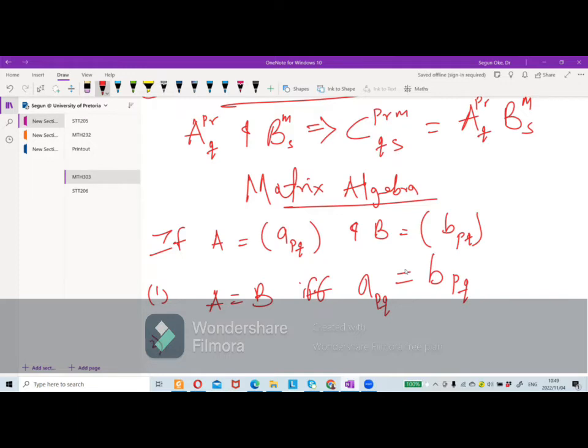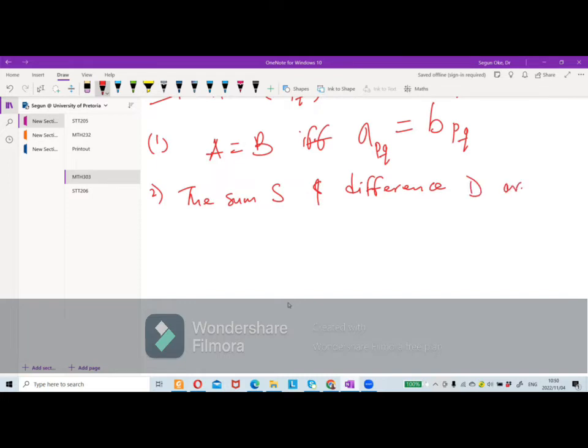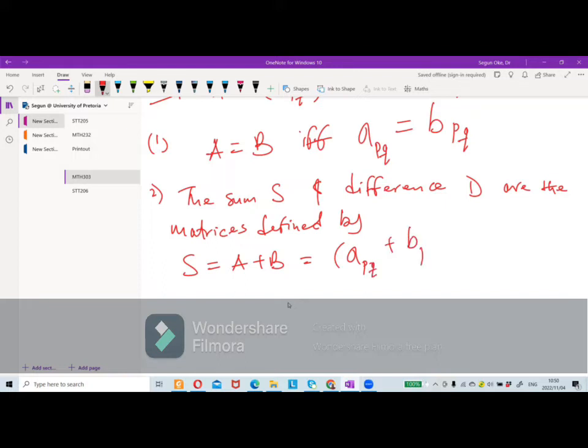Number two, the sum S and the difference D are the matrices defined by S equals A plus B, which is the same thing as A PQ plus B PQ.